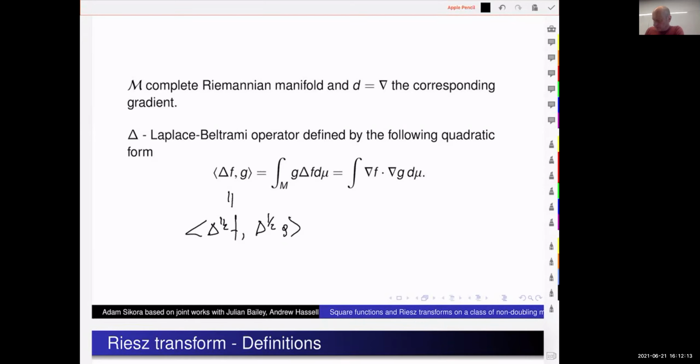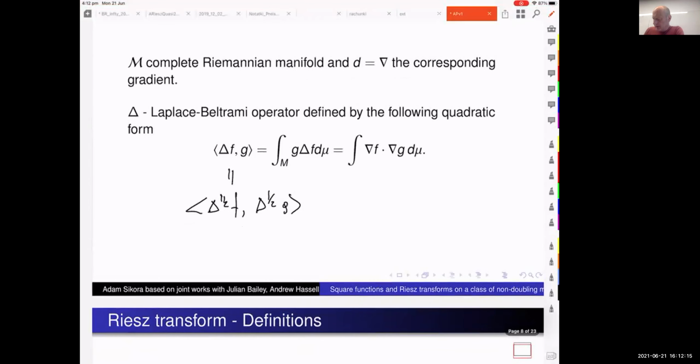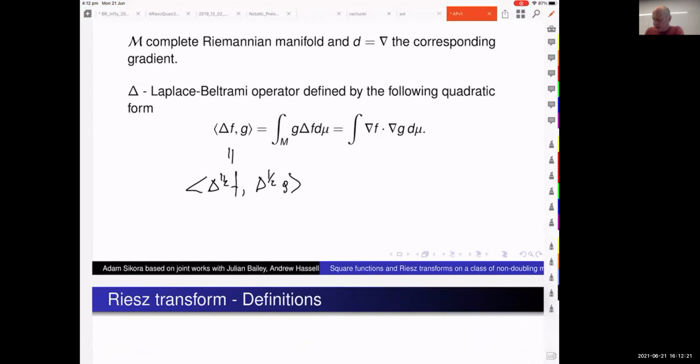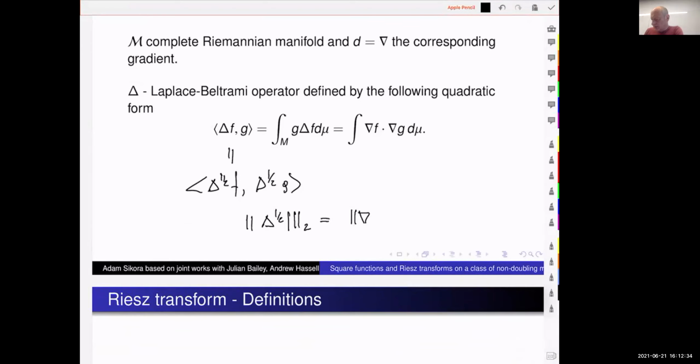And then if you just think about one function, you end up with a situation where you can see that Δ^{1/2}, so half of the Laplacian, in L^2 is equal to the gradient of f in L^2.